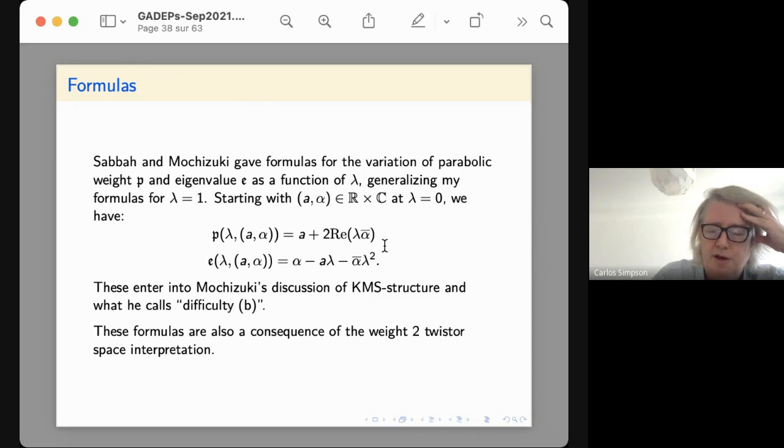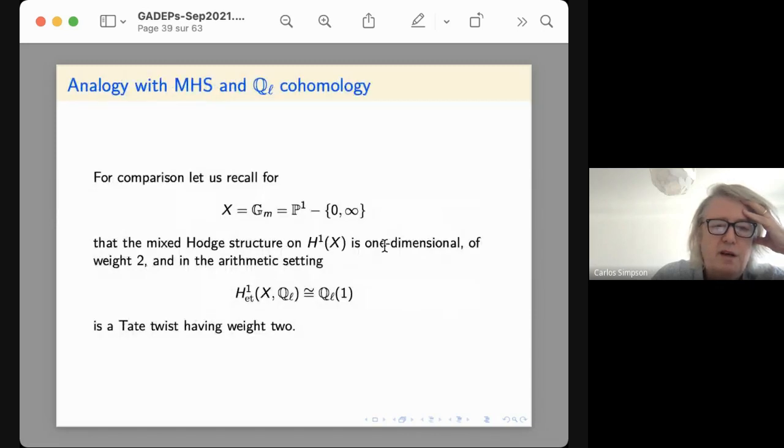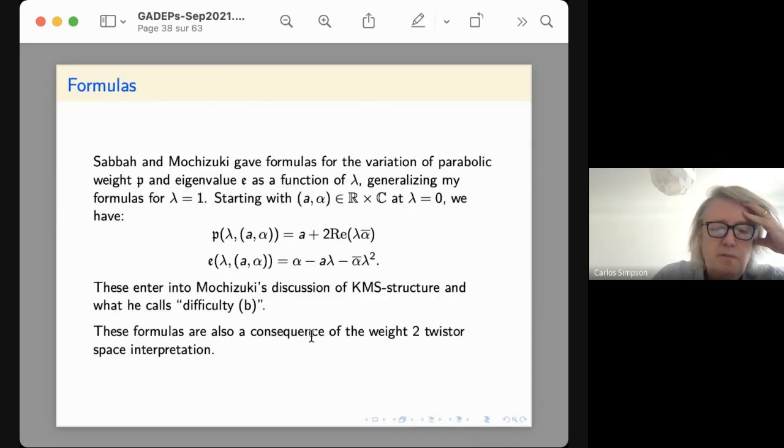But the point that I'd like to make here is that we can actually recover these formulas.